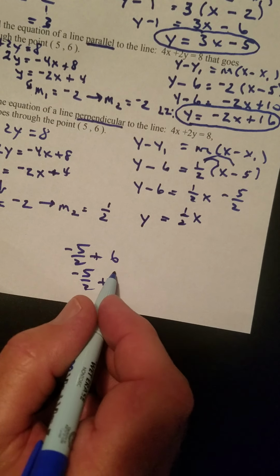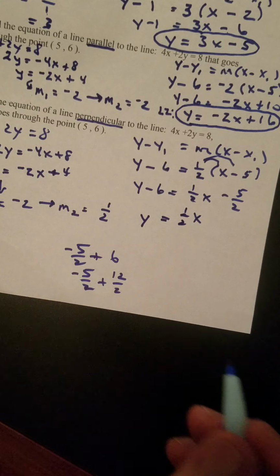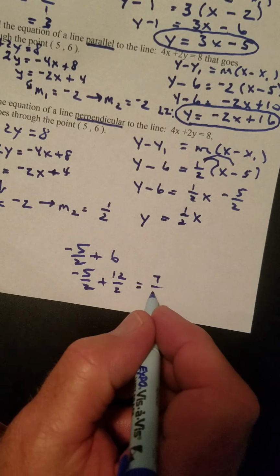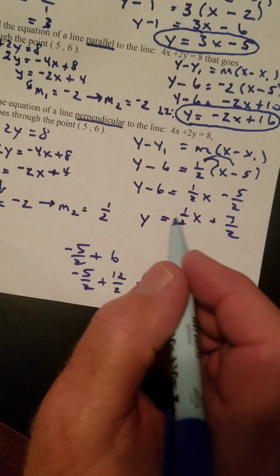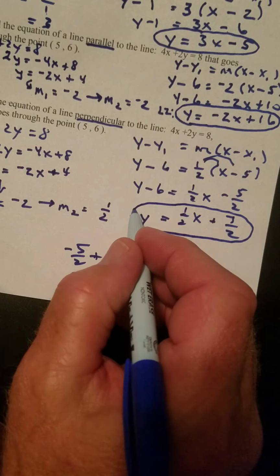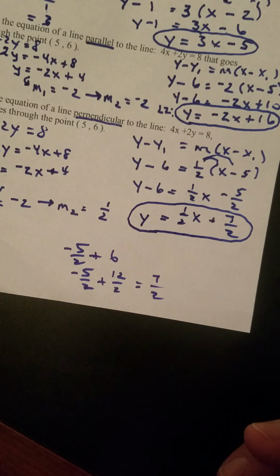So think of that 6 as 12 over 2. 12 over 2, 6 over 1, or 6. That gives you 7 over 2. That's what we have here. My answer, y equals 1/2 x plus 7/2.